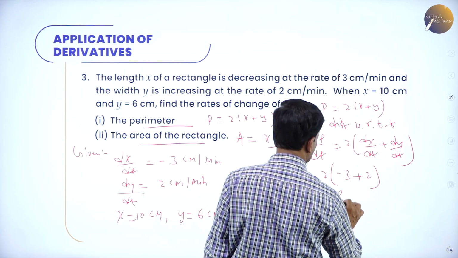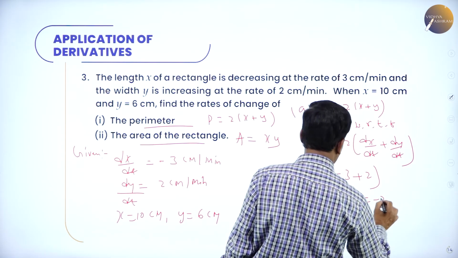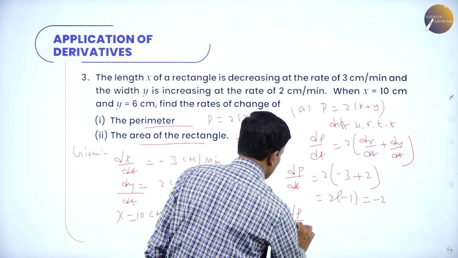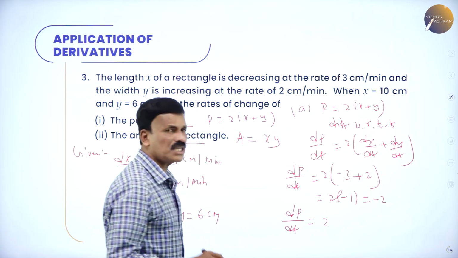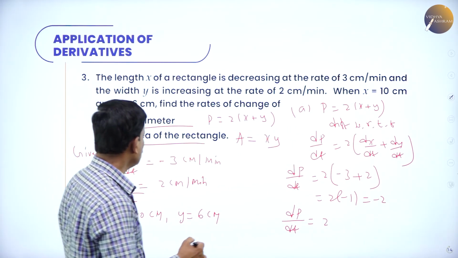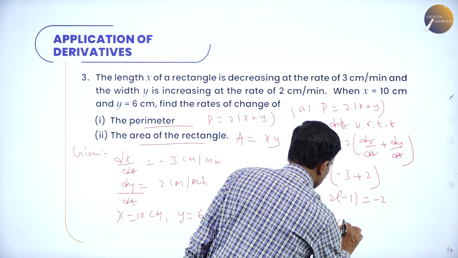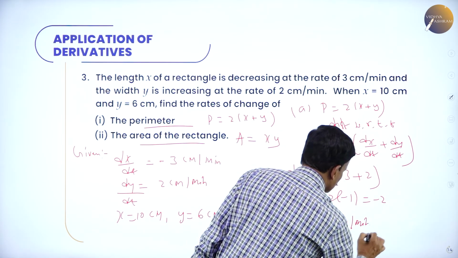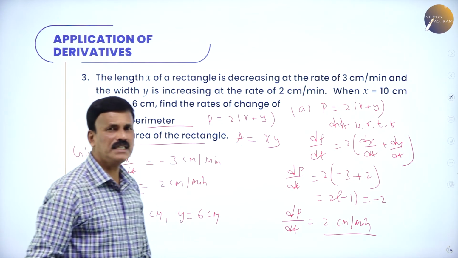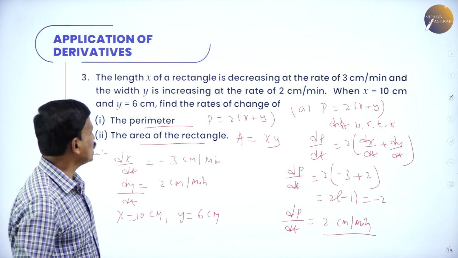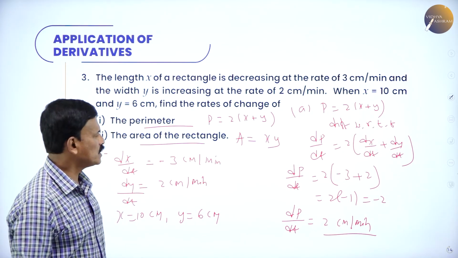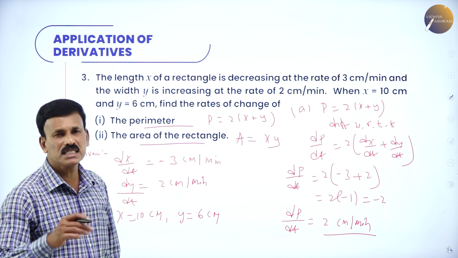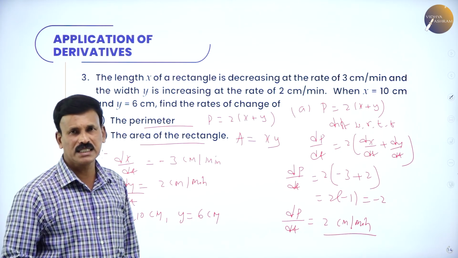So this is equal to 2 into minus 1, which is minus 2. Therefore, the rate of change of perimeter dP by dt is 2 centimeters per minute. The negative sign indicates it is decreasing.